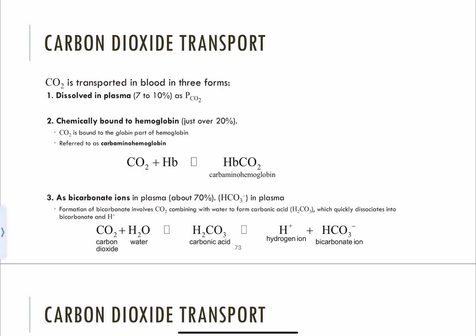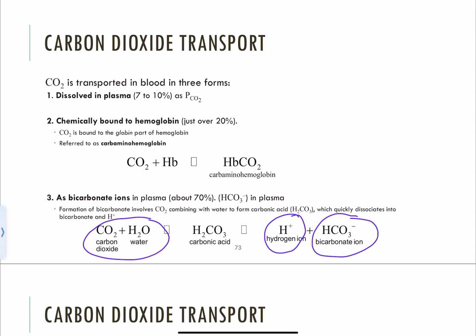So again, we have carbon dioxide. Carbon dioxide is going to enter into the red blood cell where it's going to combine with water. It's going to form carbonic acid. Carbonic acid is incredibly unstable and is going to quickly dissociate into a hydrogen ion and a bicarbonate ion. So most of the carbon dioxide is actually transported in a different form, and that is as a bicarbonate ion.